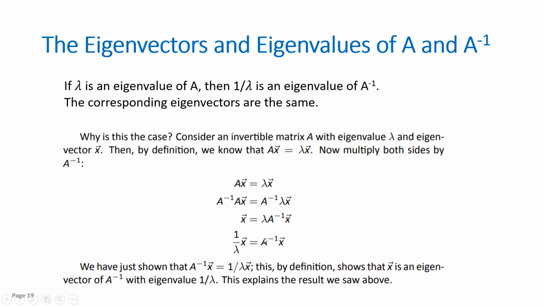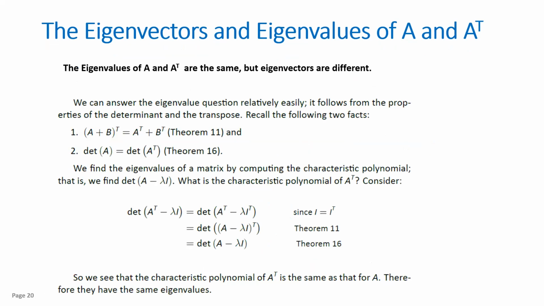So for the inverse matrix we get 1 by lambda as the eigenvalue. That is one of the properties we need to remember: if lambda is an eigenvalue of A, then 1 by lambda is an eigenvalue of A inverse. Also, the eigenvalues of A and A transpose are the same, but the eigenvectors are different.